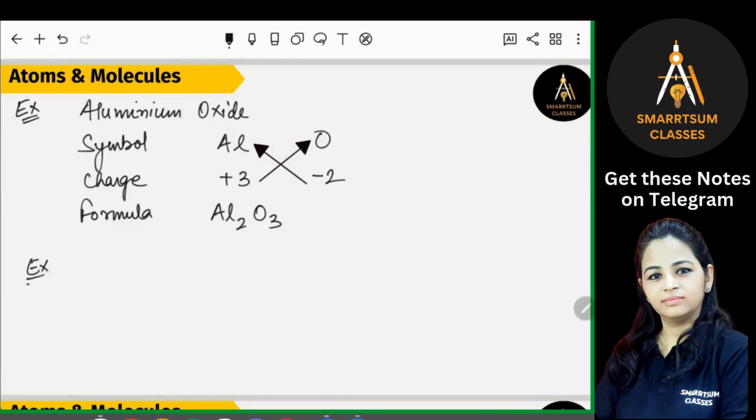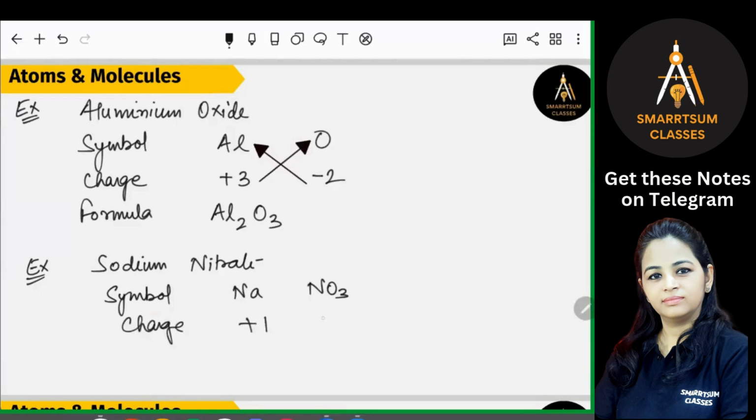Now, next is sodium nitrate. First we'll write down the symbols. Sodium is Na, nitrate ion is NO3. Now look at this nitrate ion. This is a polyatomic ion. Polyatomic means having more than one atom in an ion, which is behaving as a single entity. Now charge on sodium is +1 and on the nitrate ion is -1.